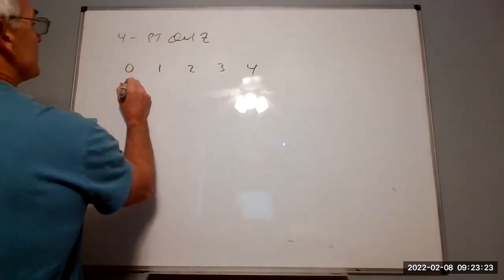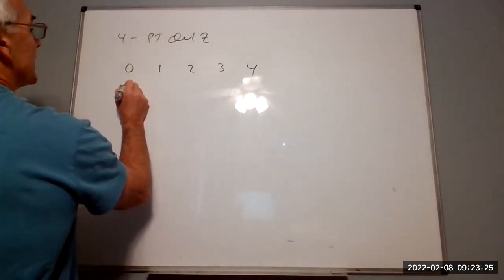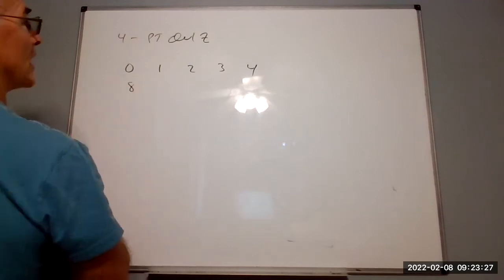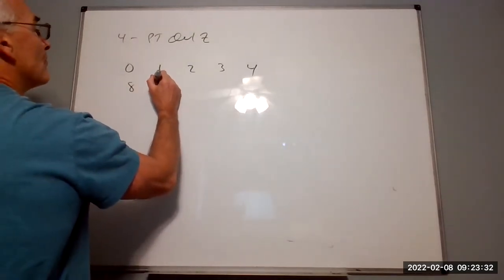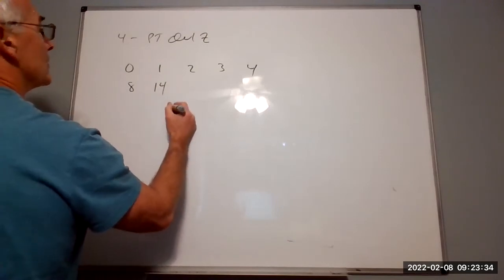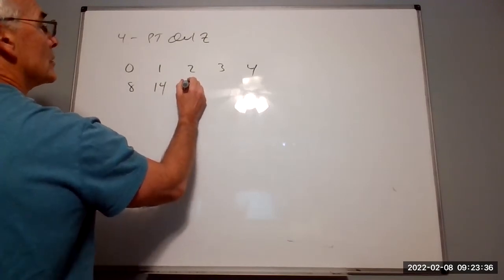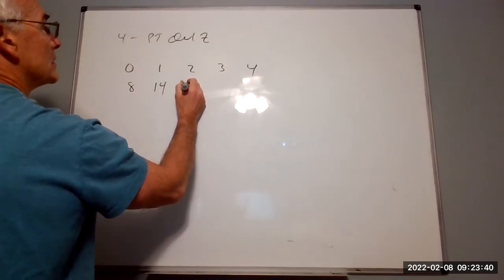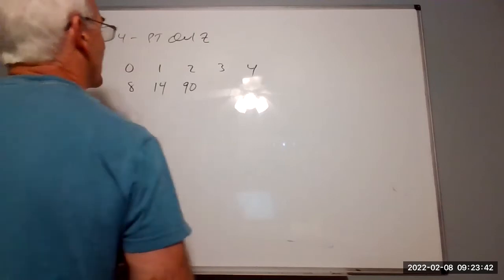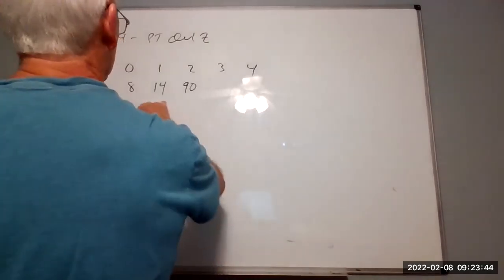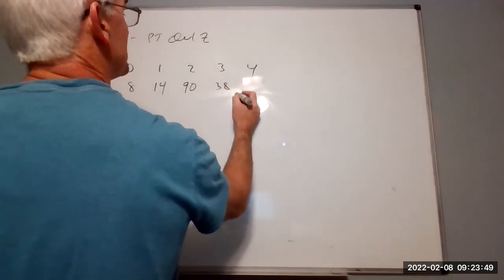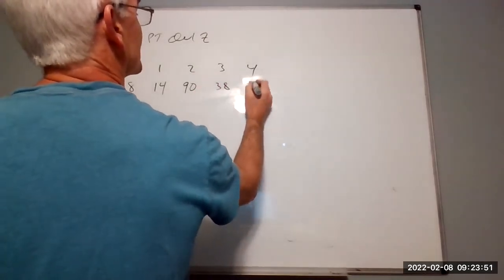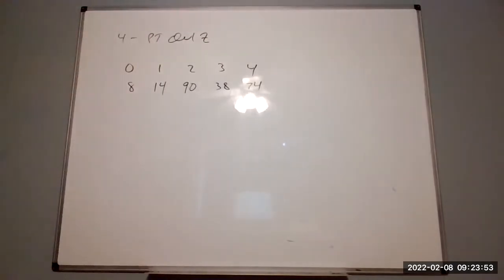And so maybe let's say that 8 people got a 0, 14 people got this one, and how about 90 people got this score, 38 people got this, and 74 people got this.